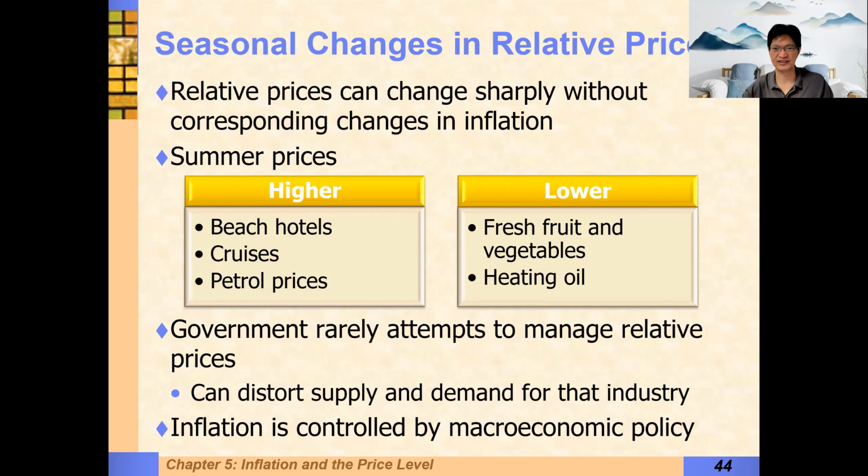The central bank is in charge of this. And they try and control it through what we call macroeconomic policy. That is by changing the amount of money in the economy, the interest rates in the economy, and the amount of government spending and taxation as well. That's what we call macroeconomic policy, and we're going to study that later in the term.